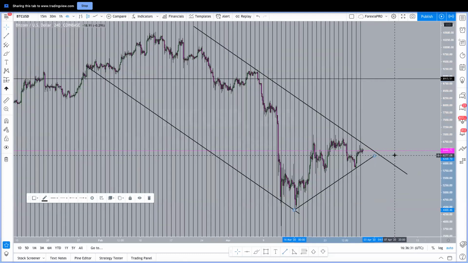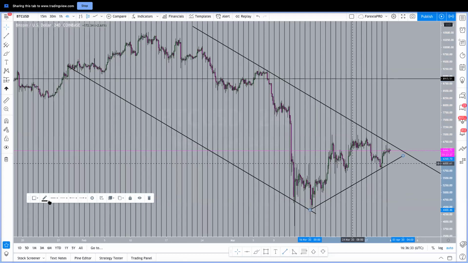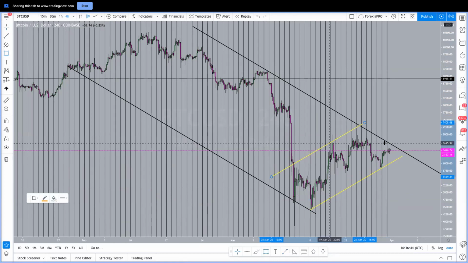And then the induction looks good right here. You can call this easily a signature trade. And stop onto the high. M formation. Dropping down.